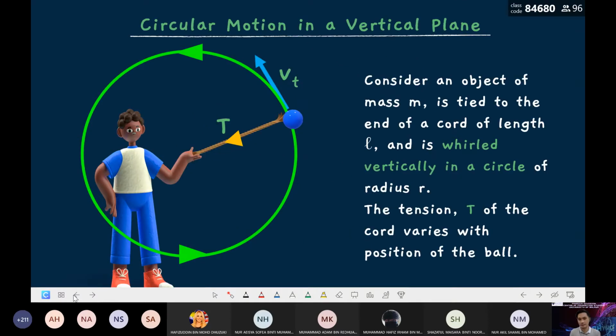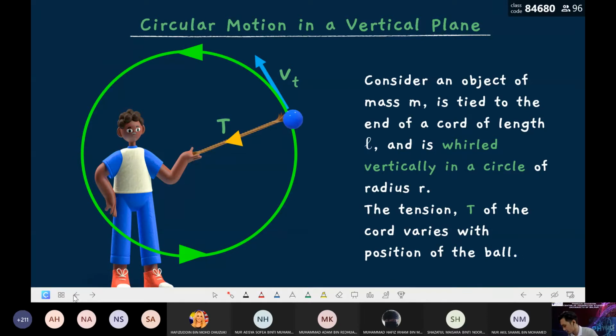Okay, so circular motion in a vertical plane, macam saya punya video dulu, dia vertical kan, dia punya the value of the tension is always changing tau. Sebab dia ada position and dia ada effect daripada gravity. Gravity kan y direction ke bawah kan, jadi bila kita buat vertical, ada some effect from the gravity itself.